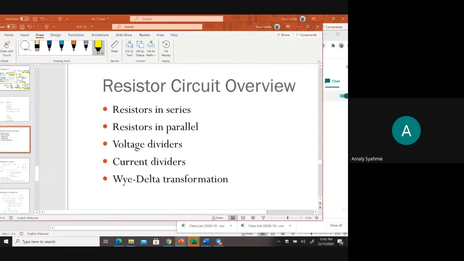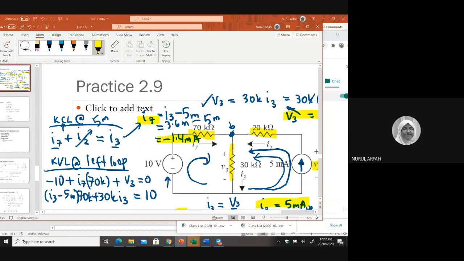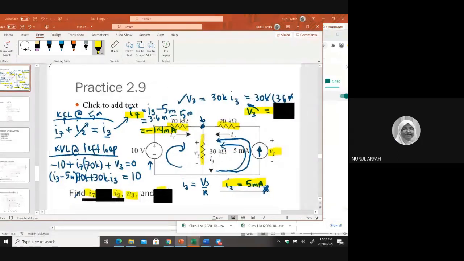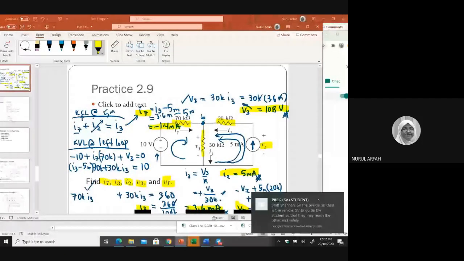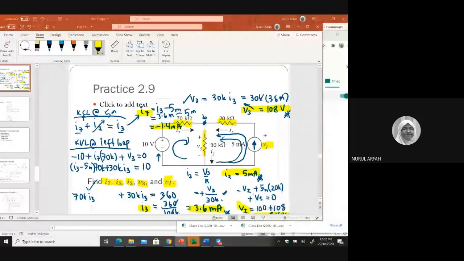Now, I7, if the answer for the current is negative, then you should know that the direction is the other way around, the opposite of the one you assumed.